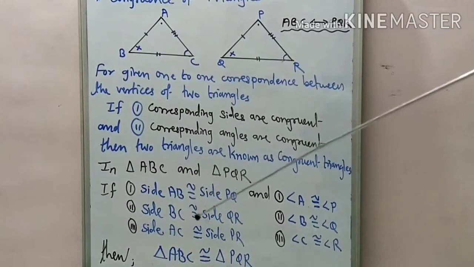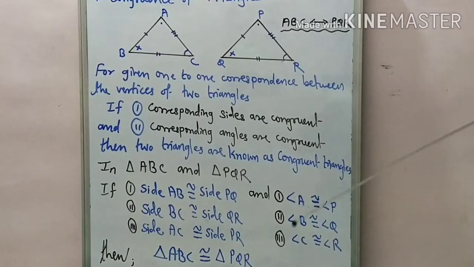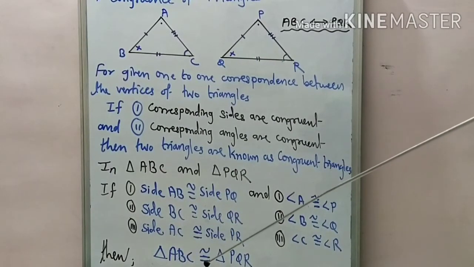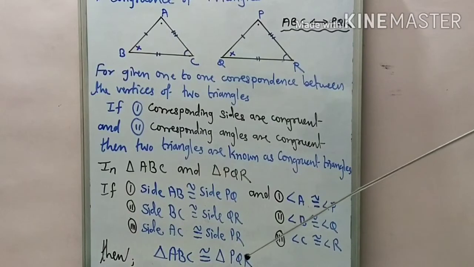This is the symbol of congruence. And the corresponding angles are congruent: angle A is congruent with angle P, angle B with angle Q, and angle C with angle R. Then the given two triangles, triangle ABC, are congruent with triangle PQR.